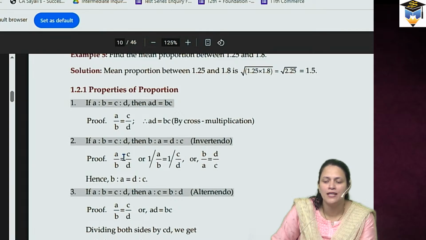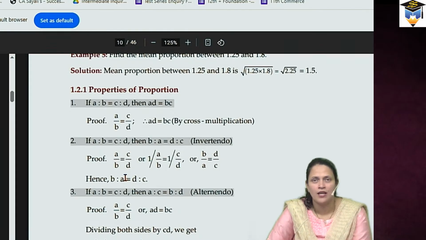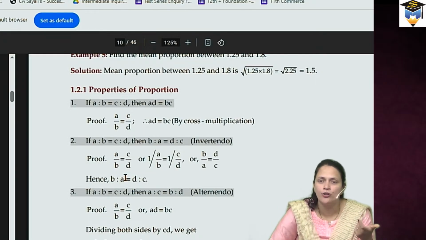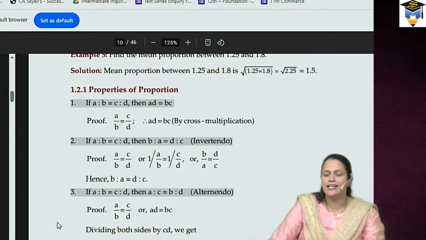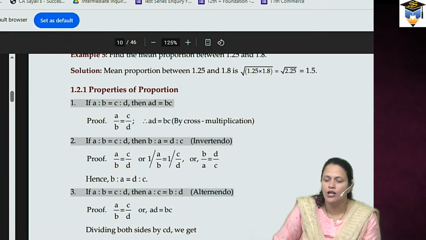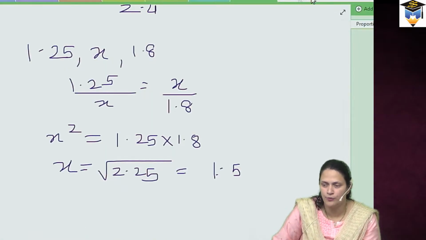If A upon B is equal to C upon D, that is given to us. Then when we talk about invertendo, wait, first understand this, then write.